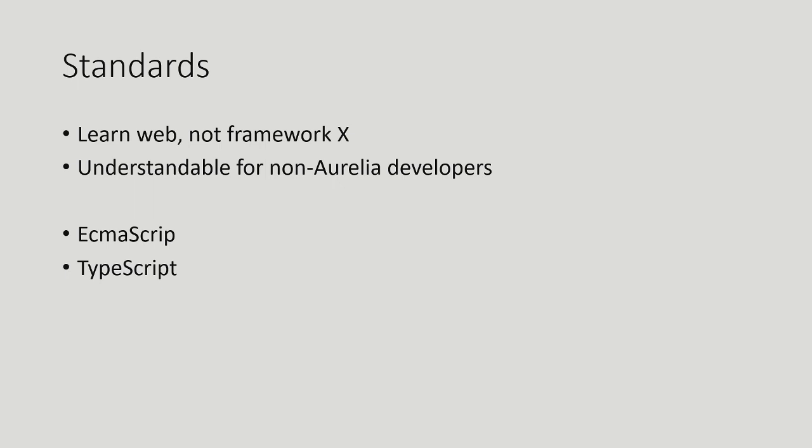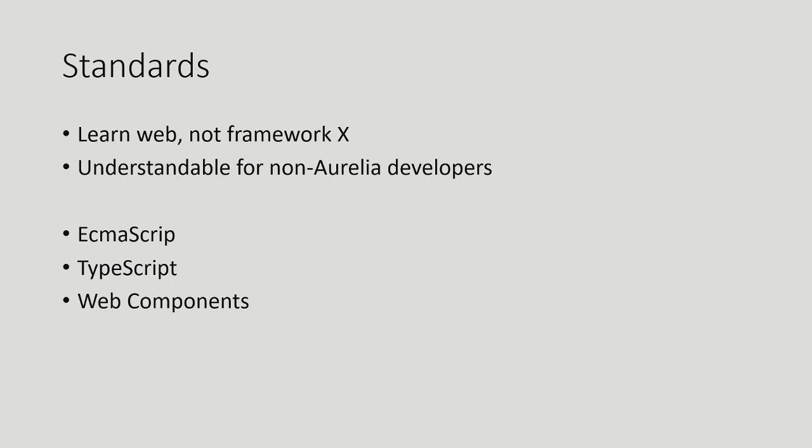And all the Aurelia decorators and APIs support TypeScript so that instead of having conventions that might be specific to something, you have your TypeScript typings. So if you're using TypeScript, Aurelia is really helping you a lot with the development.